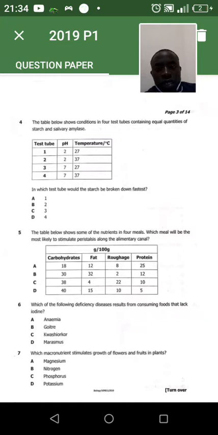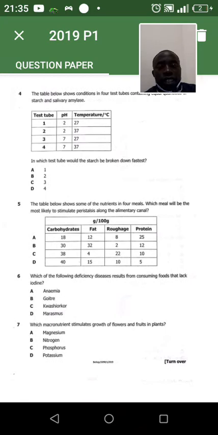In which test tube would the starch be broken down fastest? So starch can be broken down fastest when the temperature is higher and the pH is 7. So the correct answer there is D. The correct answer there is D.